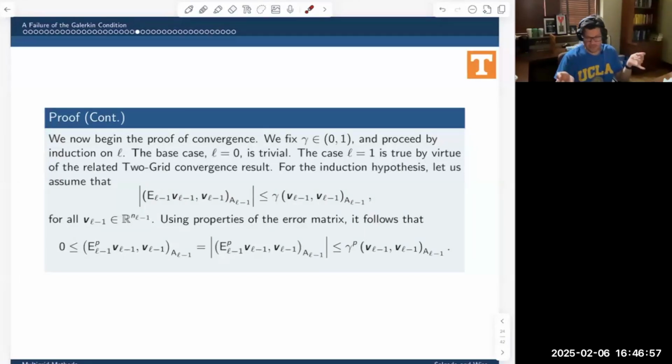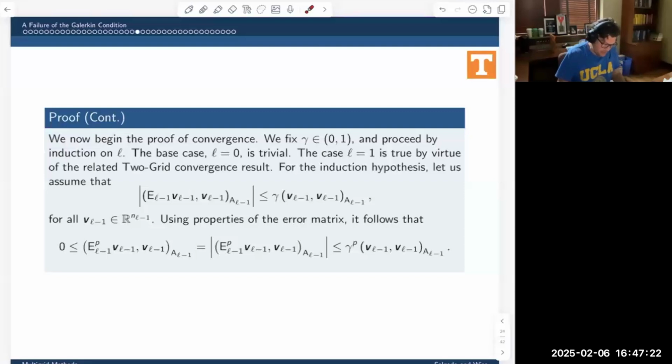What about level 1? Well, level 1 is just 2-grid, and so the hypothesis is true by virtue of what we proved previously. We already showed that the 2-grid converges. So that takes care of the two base cases. So the induction is going to be done on levels as L gets larger and larger, which kind of makes sense.